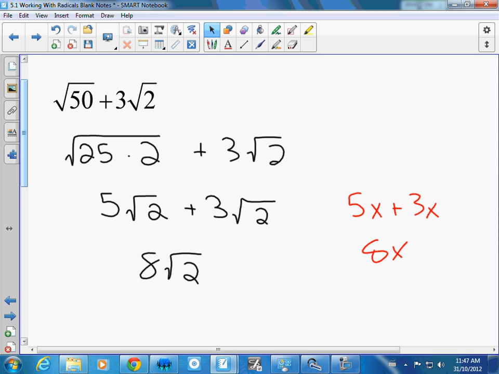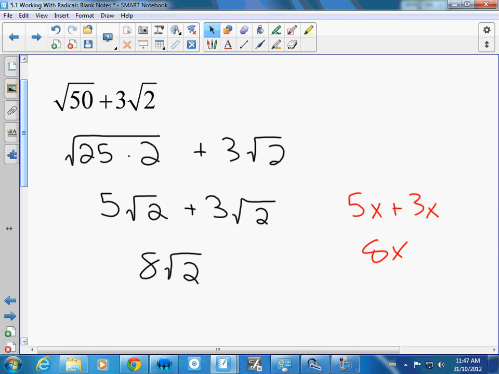That's why I put this example here on the right-hand side, because you would see that that doesn't change. All of a sudden, it didn't change to 8x squared or 8x whatever, right? The radical stays the same. But you add the coefficients that are in front of it. If these two are different, then you can't do anything with them.